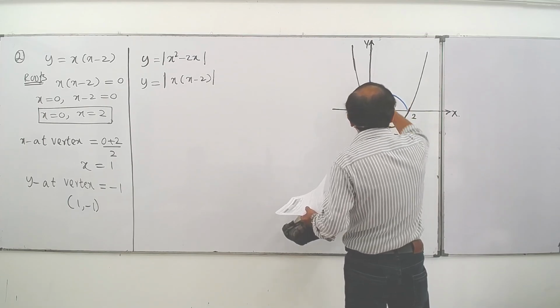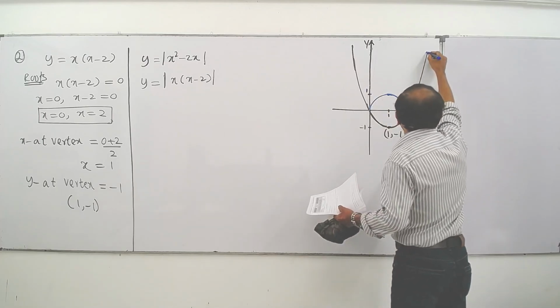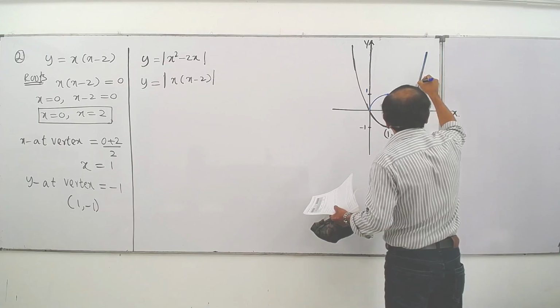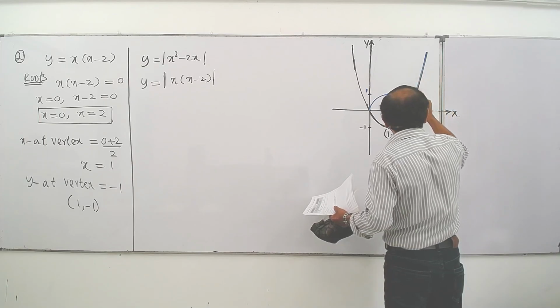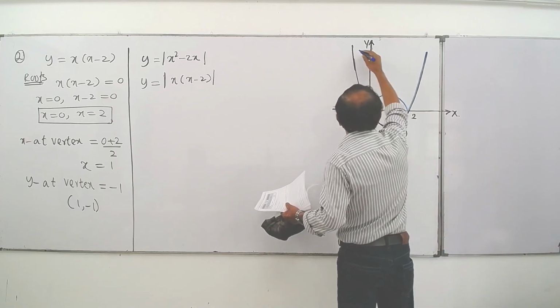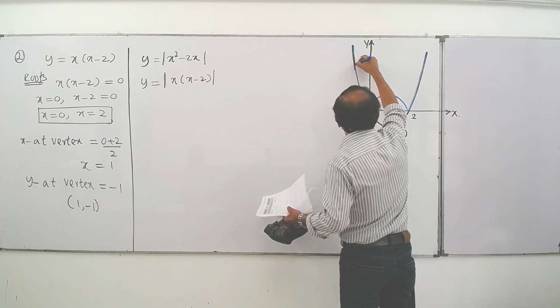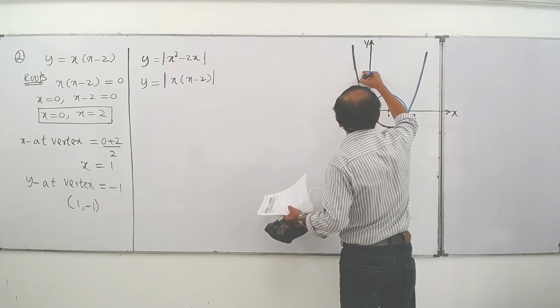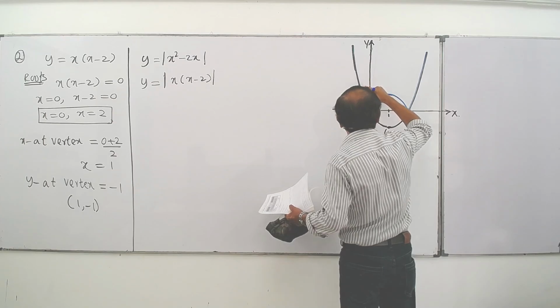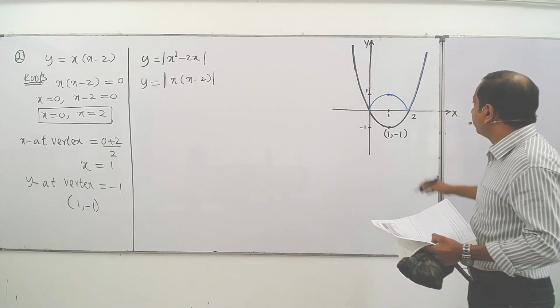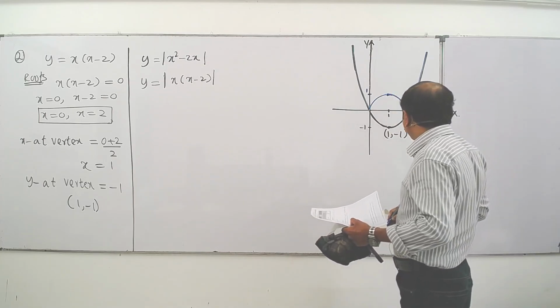Then the other two branches stay the same. So I draw like this. The same black one I am drawing, but to get a clear idea, I draw that, keeping this black curve also at the side like this. This blue one is therefore the modulus graph. This point is (1, 1).